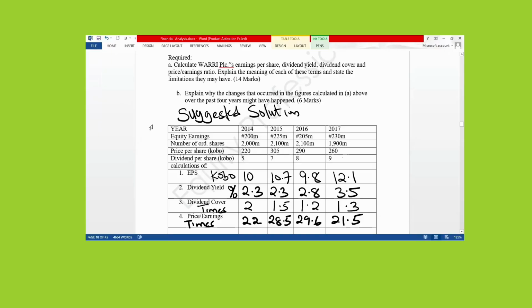For example, in 2015, earnings per share is 10.7 kobo. In 2016, earnings per share is 9.8 kobo. What could have happened? Why did earnings per share fall from 10.7 to 9.8?